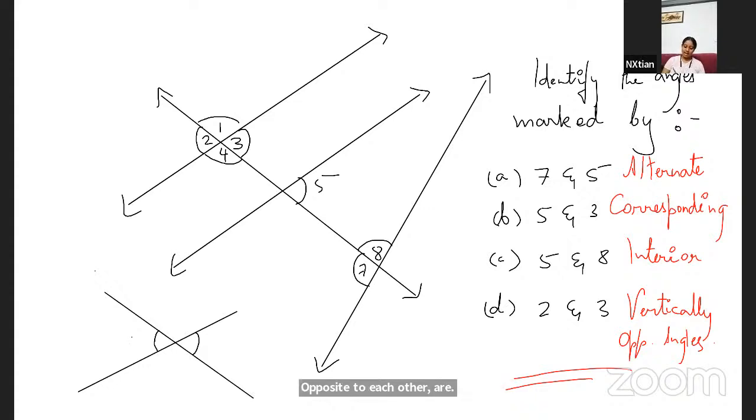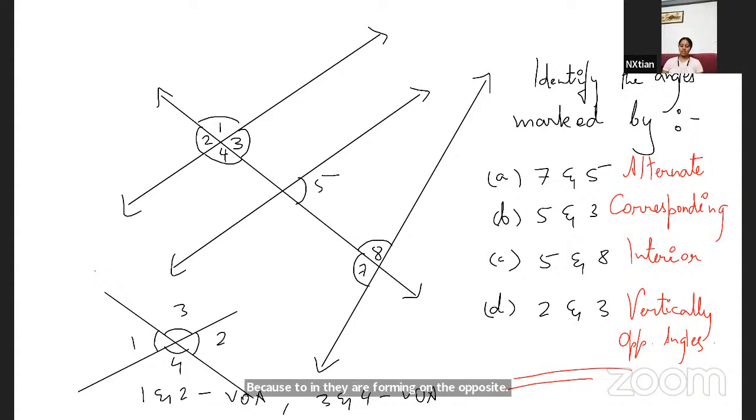Suppose this is angle 1, 2, and this is 3 and 4. So 1 and 2 are vertically opposite, and vertically opposite angles are always equal. And 3 and 4 are vertically opposite, because they are formed opposite to each other when the two lines are intersecting.